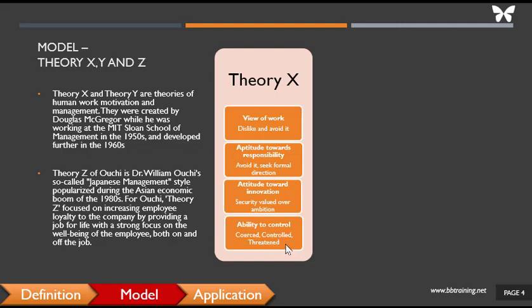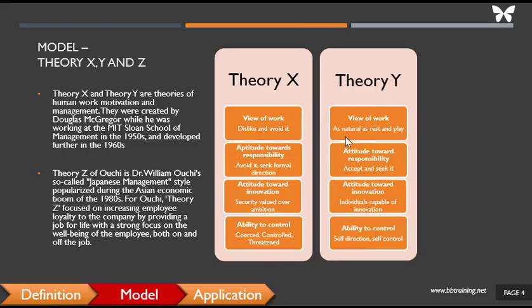The only way you can control people, according to McGregor's Theory X, is by coercion, by control, and by threat. Now let's look at Theory Y, which is kind of the opposite of Theory X. Again, given by McGregor, Theory Y says human beings love work. Work comes to them as naturally as rest and play.